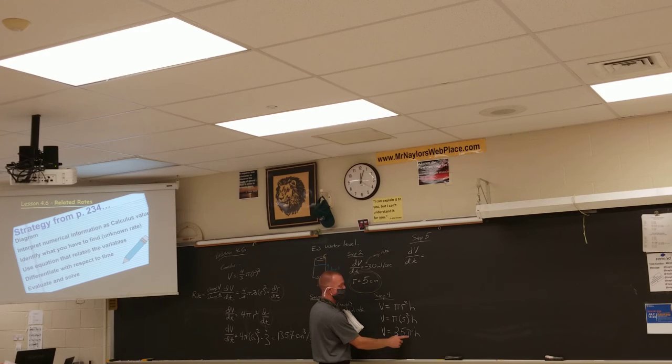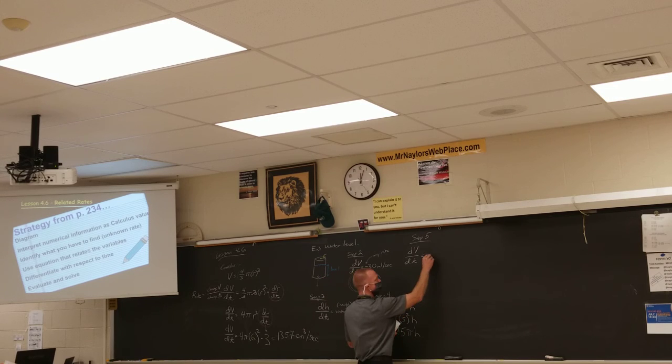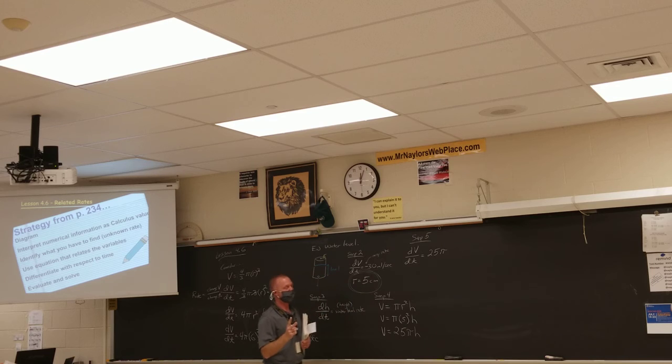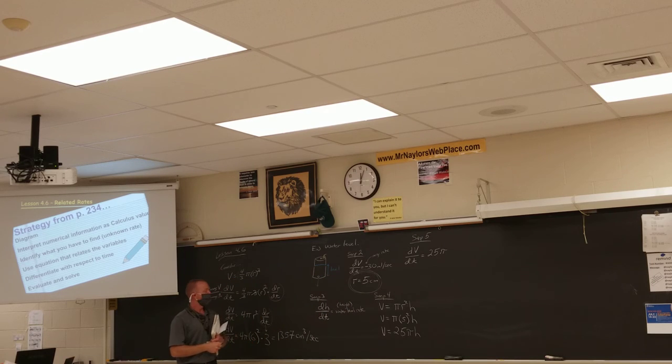Now the derivative of 25 pi h. 25 pi is just a coefficient. That's the second time you've heard that. But I want you to notice that the variable that I'm going to do the derivative for is not raised to a power other than 1.